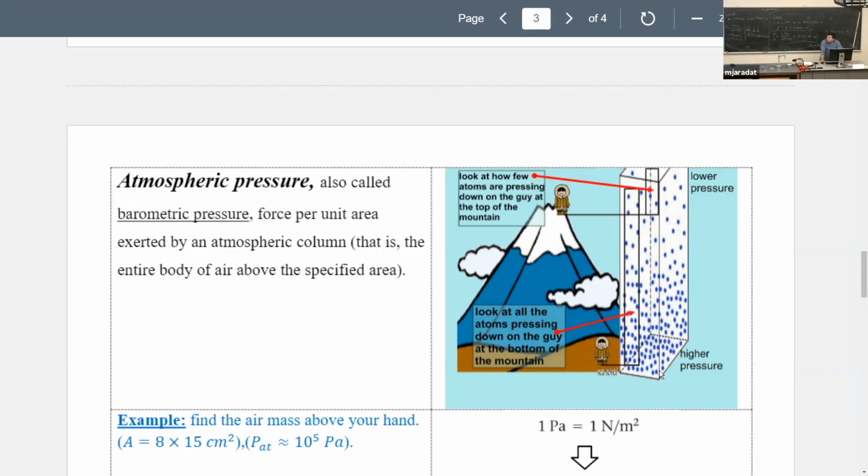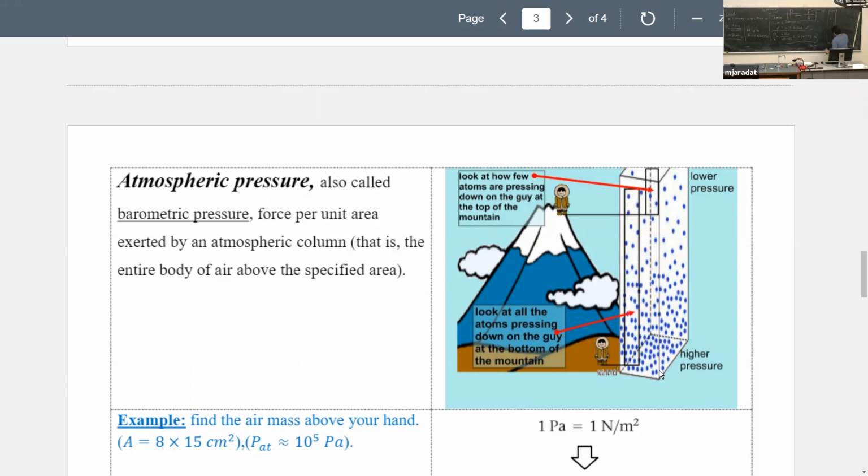But we are not talking about the mass, we are talking about the force. The pressure is equal to the force over the area. The force in this case is the weight of the air column above our head.